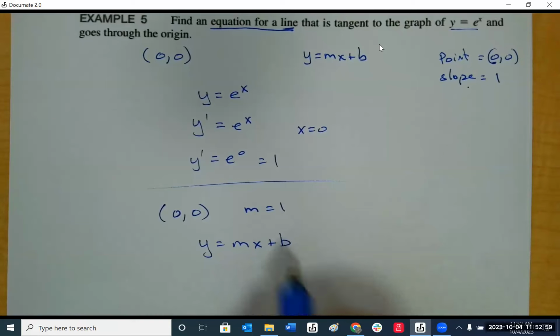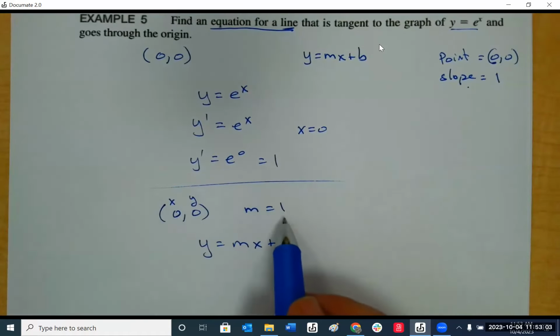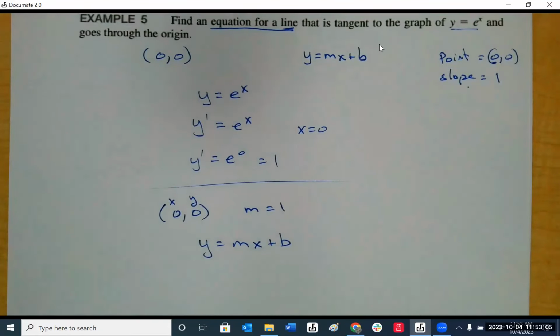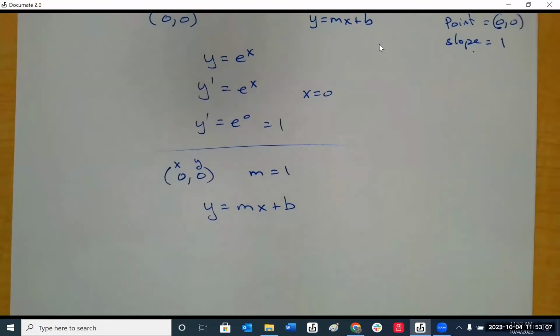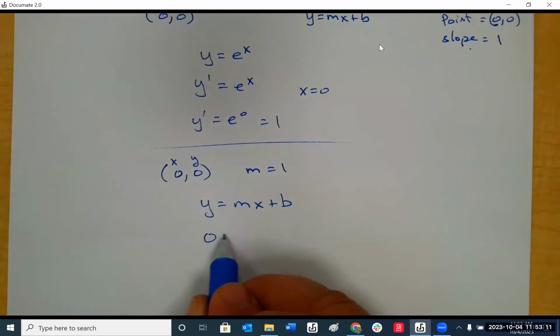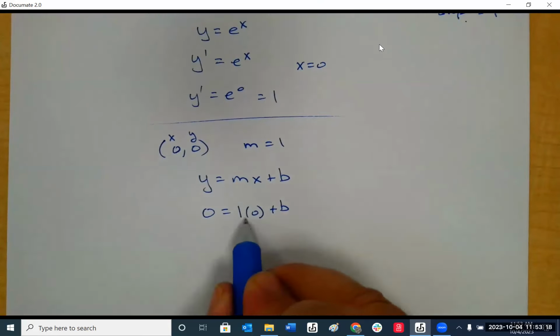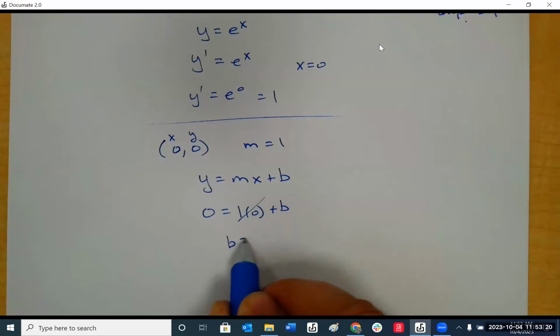So we have the x, we have the y, we have the m. All we're missing is the b. So 0 equals 1 times 0 plus b. That's 0, so b is equal to 0.